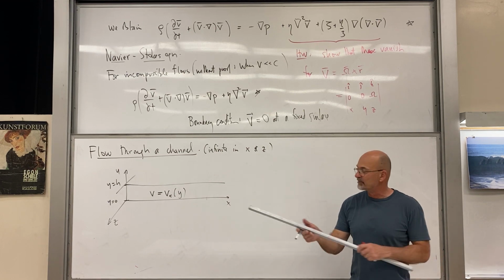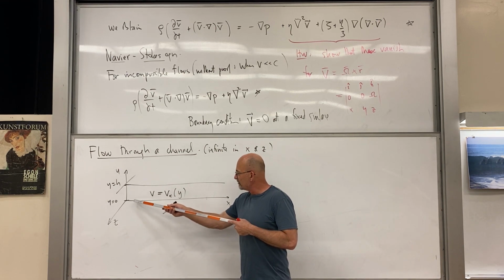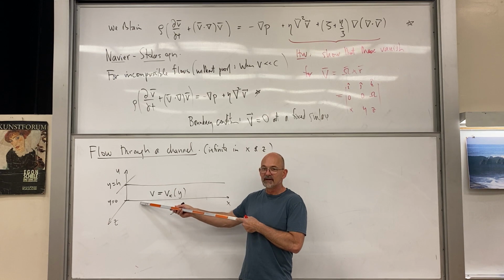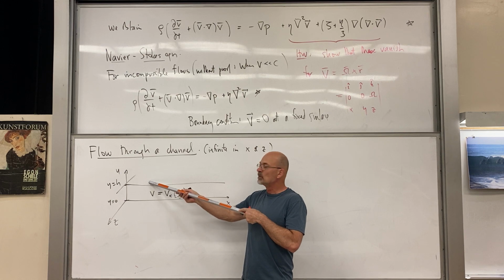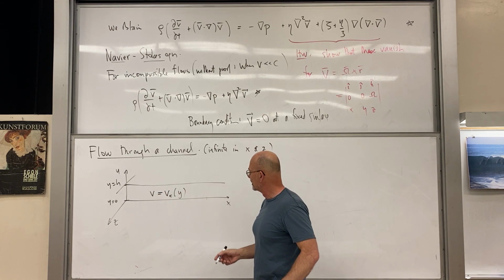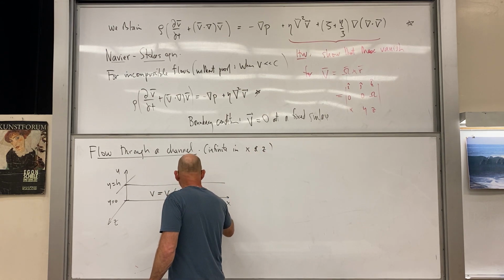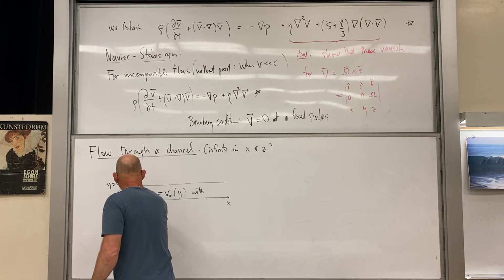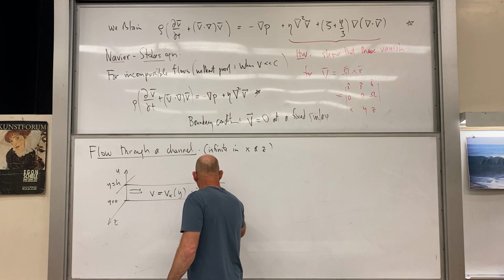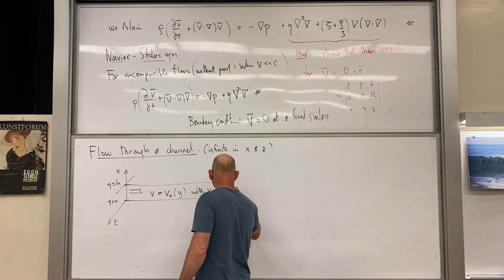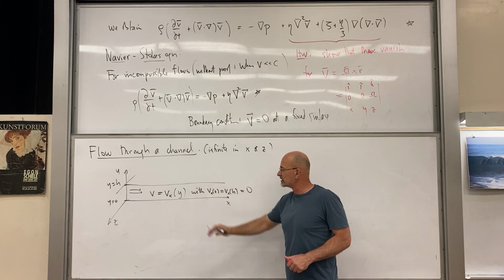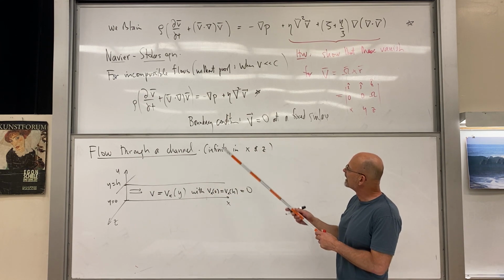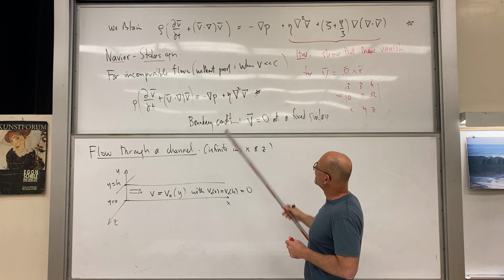Now the boundary conditions: Vx of 0 is going to vanish, and Vx at y equals h is going to vanish. So there's our flow with Vx of 0 equals Vx of h equals 0. Very important.